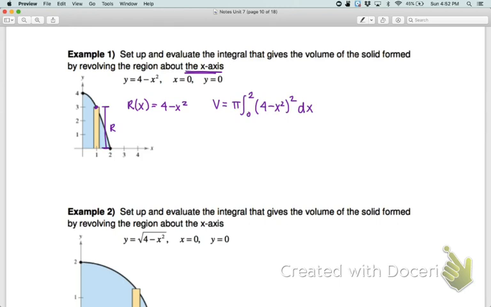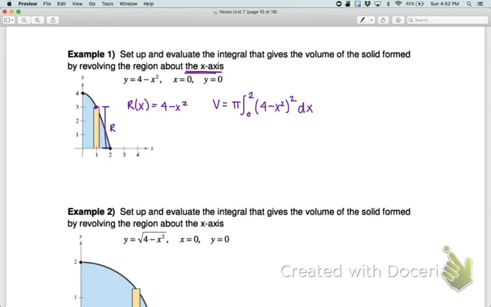That takes care of the width of the disk. And so we're basically adding up infinitely many disks with a width that is approaching 0 and a radius of 4 minus x squared. And so you can work that out and get the answer. But that is how we would set this one up.